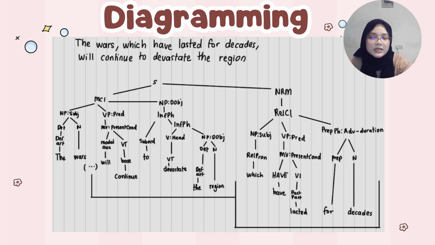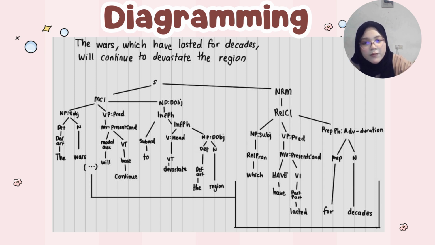So we have entered the diagramming, and we will be diagramming the whole sentence: the wars which have lasted for decades will continue to devastate the region. At the top of the diagram, we have S, which stands for sentence. Under the sentence, we have two branches: MCL, which stands for main clause, and NRM, which stands for non-restrictive modifier.